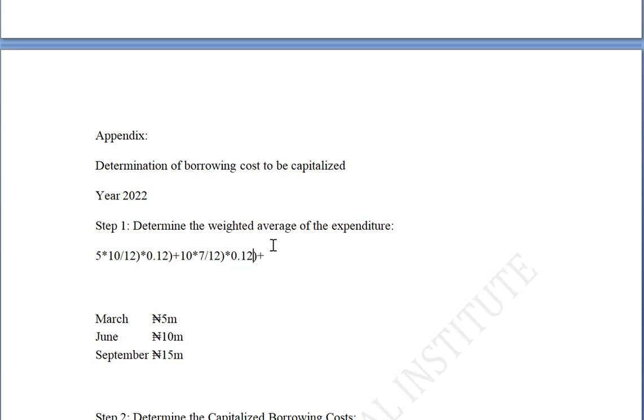Plus the last one, which is 15 million. 15 multiplied by 4 divided by 12, because it was taken in September, so October, November, December is 4 months, multiplied by 0.12. It's as simple as this. So we have it like this, and then we have it like this, right?